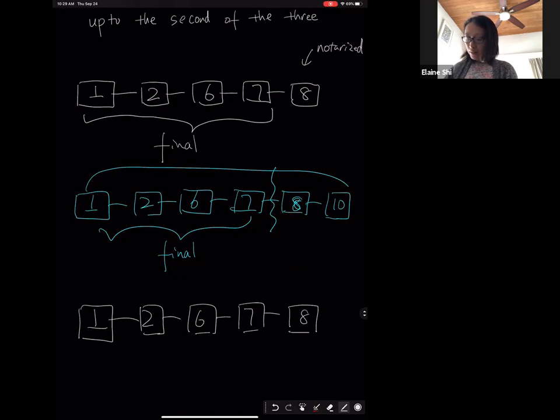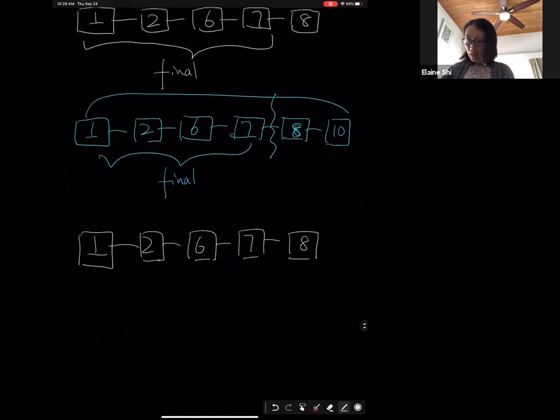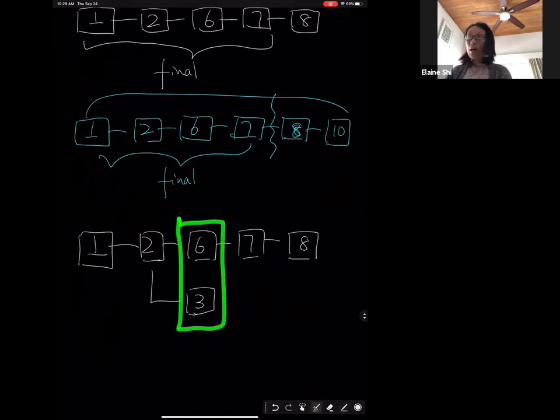So we have 6, 7, 8, and let's say, okay, so this actually can happen, right? Let's say all these blocks are notarized. So it's possible that at this height there are 2 blocks notarized, but the finalization rule guarantees that if you see 3 consecutive, then there cannot be any blocks notarized here.